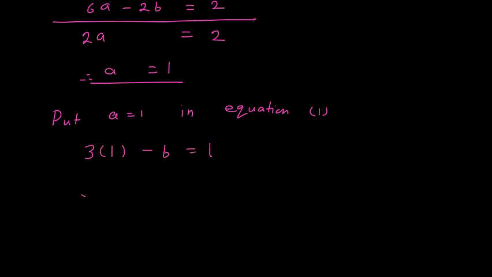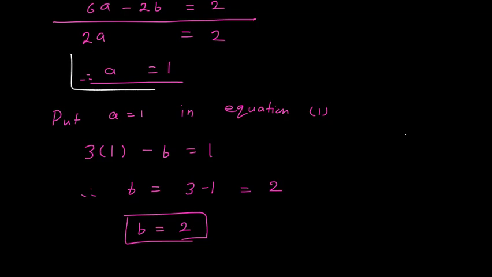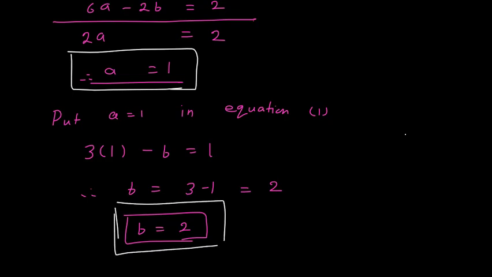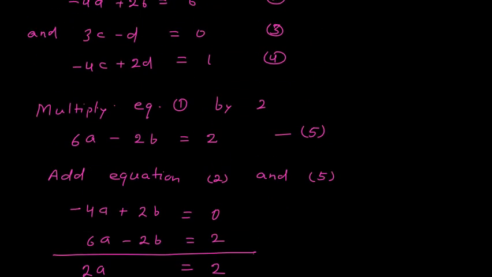So b will become 3 minus 1, which is 2. So the value of b is 2. We get the value of a and the value of b. Finally we have to take these values. Now we have to find the values of c and d.